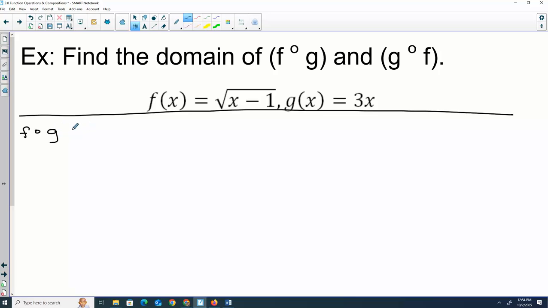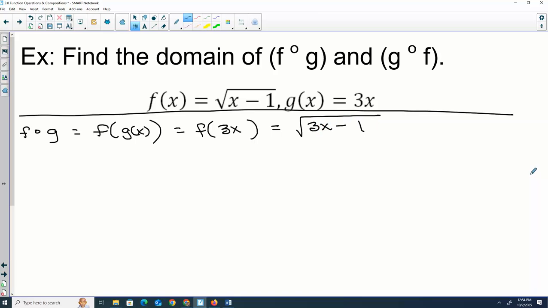So, f composed with g, that means f of g of x. Start on the inside. What is g of x? So I'm going to function f, replace your x with 3x.